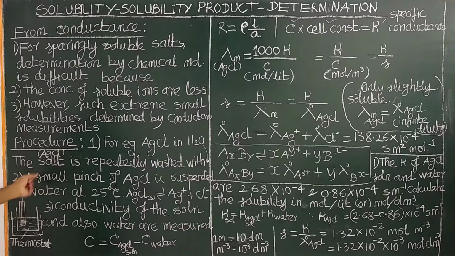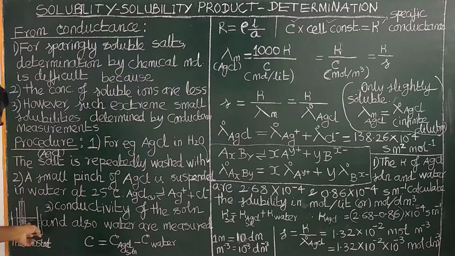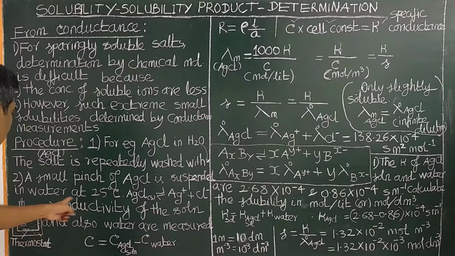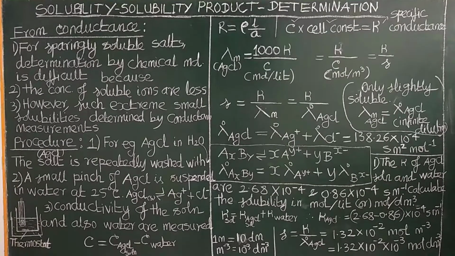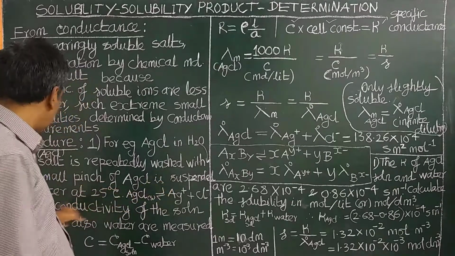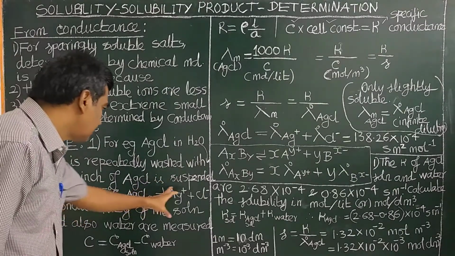Next step, a small pinch of the washed silver chloride is added into water or suspended in water at 25 degrees Celsius. On adding a pinch of silver chloride into water, it forms an equilibrium.